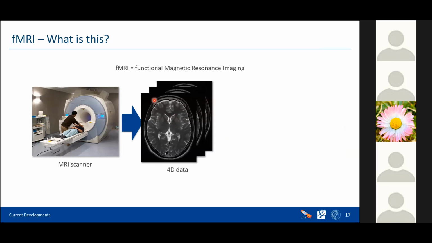And this now is called functional magnetic resonance imaging. F, functional, because by this we try to see what happens inside the brain. So we try to find out some functionality of the brain.